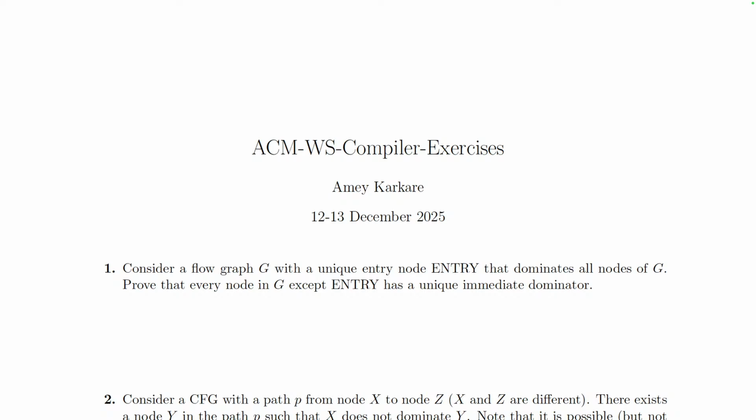Let's say D1 and D2. So either both will not be dominating, or no, there is something else that can happen. You can prove that D1 dominates D2 or D2 dominates D1, which means one of them is not nearest, which means one of them is not immediate.